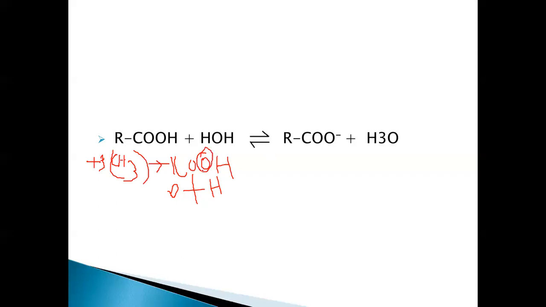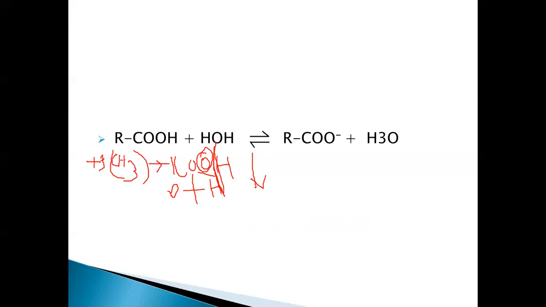So the ease of dissociation is less here. It cannot dissociate easily. So this will decrease the acidity. This is just the opposite to that of the basicity here. So the plus I groups, for example, the CH3 group, is an electron releasing group. It will release the electrons into the system, which in turn will increase the electron density on the oxygen, which will decrease the OH bond dissociation.